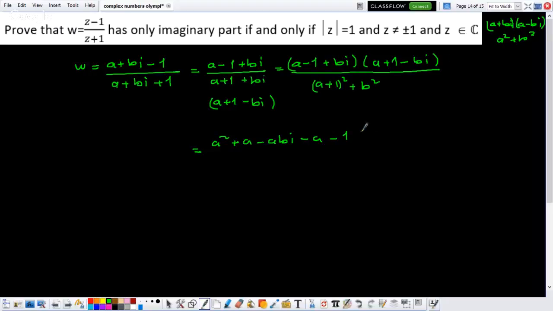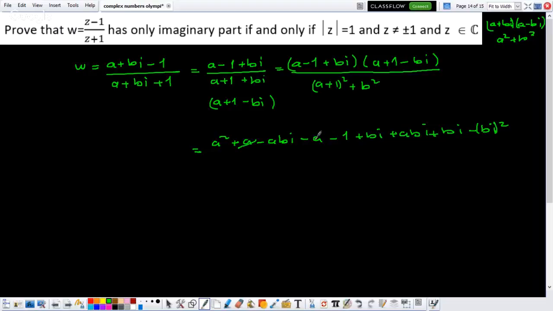Minus 1 times minus BI is equal to plus BI. Then BI times A is equal to plus ABI. And BI times 1 is equal to plus BI. And BI times minus BI is equal to minus B square I square, or it's equal to plus B square.